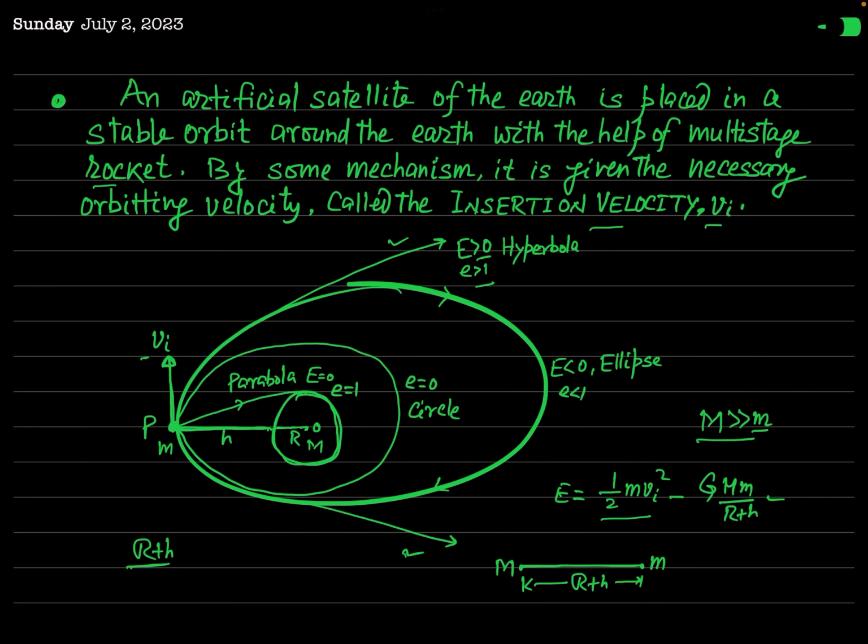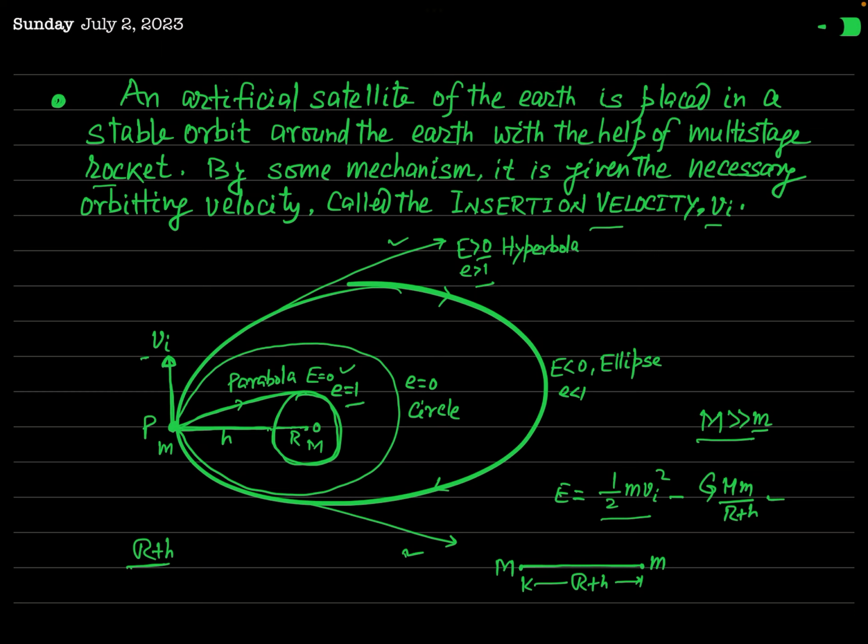I have shown here that this path represents a parabola, and it is possible when the total energy of the system is 0, or the eccentricity of the conic is equal to 1.